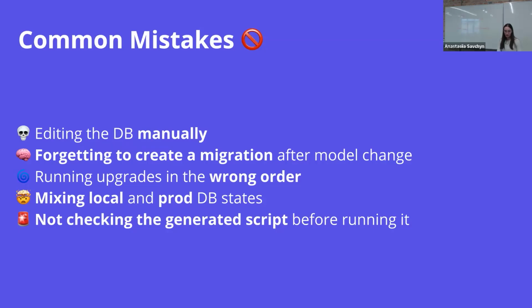So the next thing is forgetting to create a migration after a model change, because if you forgot to do that, then you will not have that change in your database exactly, and only your model will know that some field is added. So it's not applied to the database until you create and run your migration. Then, running upgrades in the wrong order.